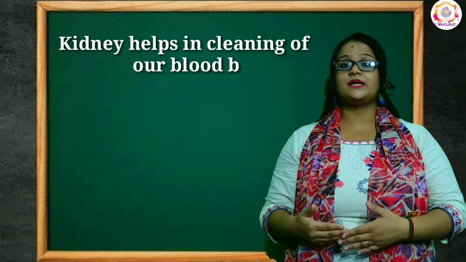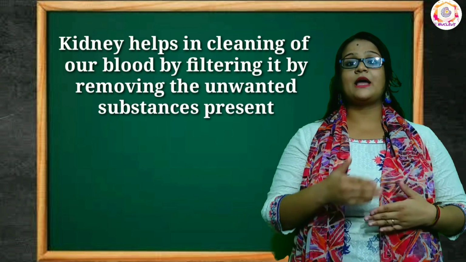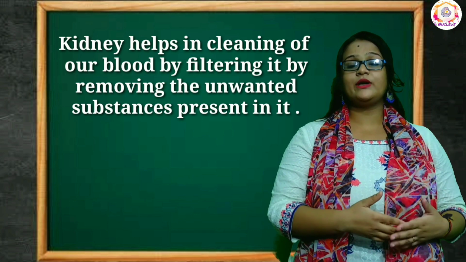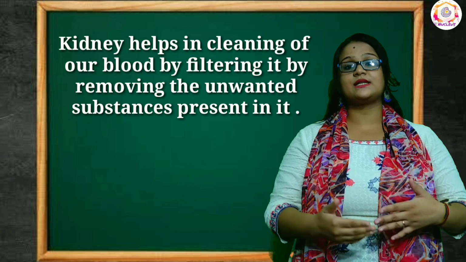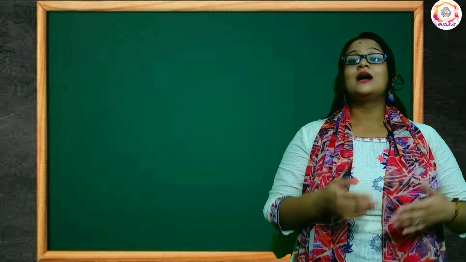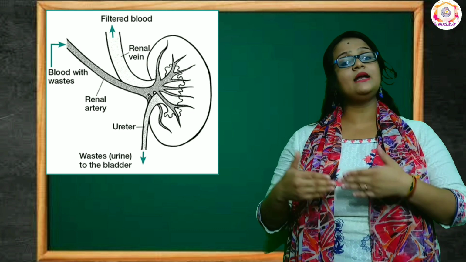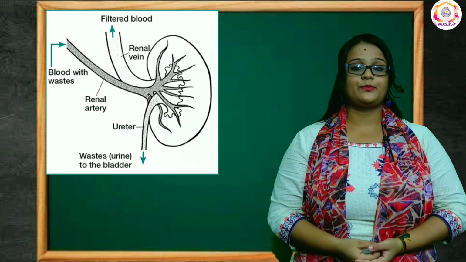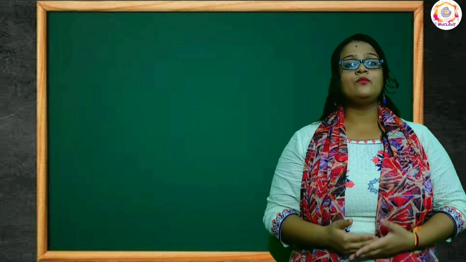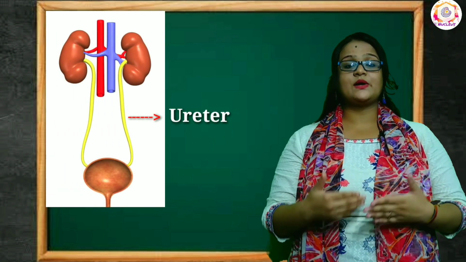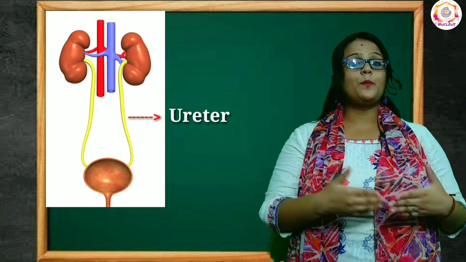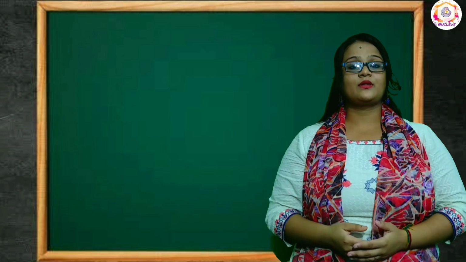Therefore, the kidney helps in cleaning our blood by filtering it and removing the unwanted substances present in it. The clean blood is then carried away from the kidney by renal veins. Now, the ureters arising from each kidney open into the urinary bladder.